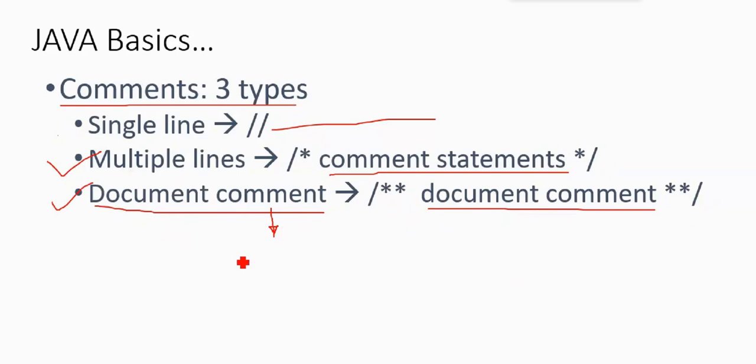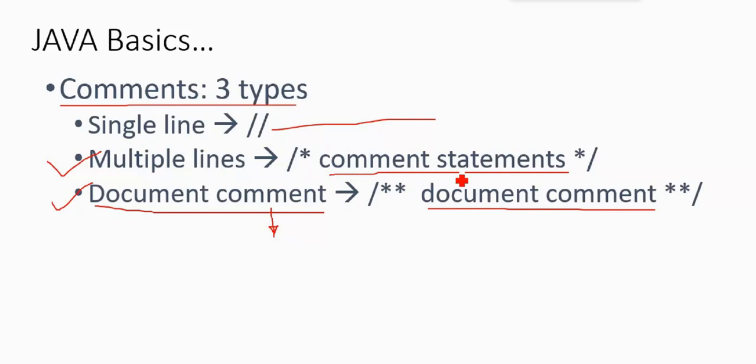Okay. Now see here, the multiple line comments we use to comment a particular block of the code. For example, if I write a method, I can write a comment in such a way that it says what this function does.